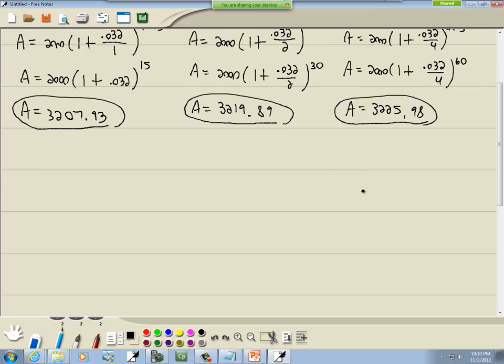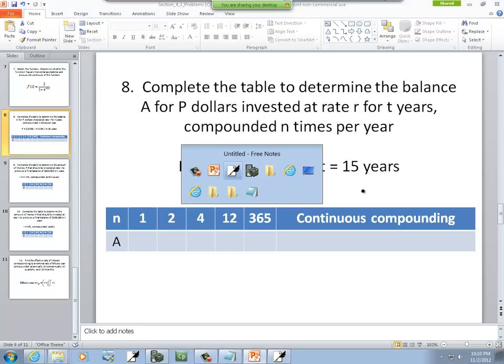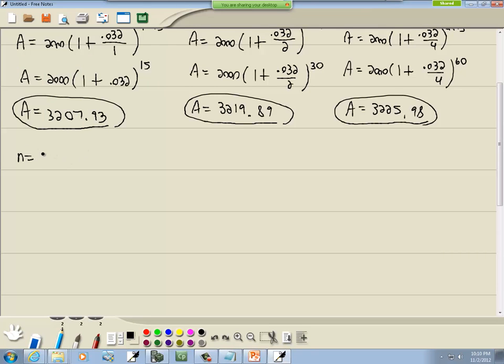Okay, so let's continue. N is equal to 12. So I got A is equal to P times 1 plus R over N to the NT power. So we got 2,000. 1 plus R, which is 0.032, divided by N, which is 12 now.